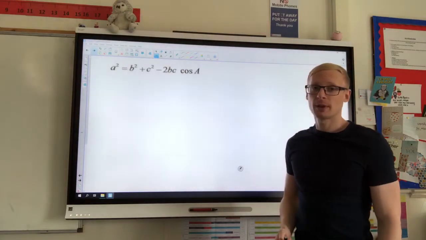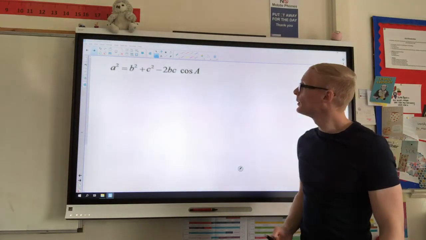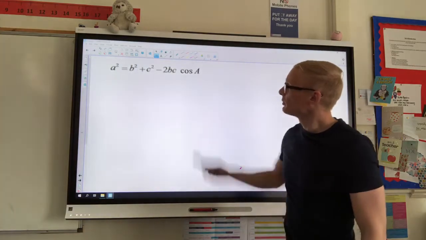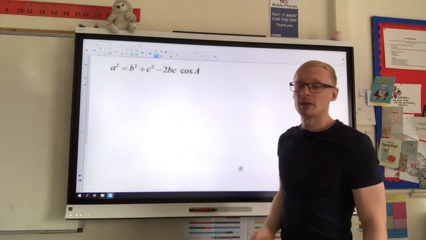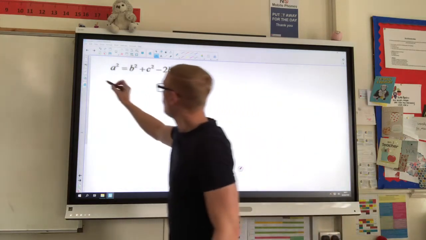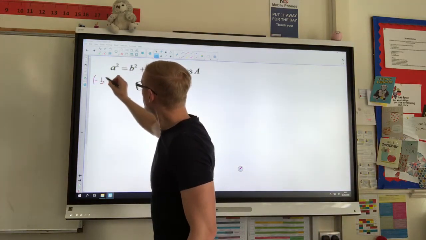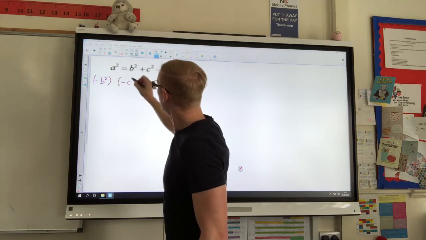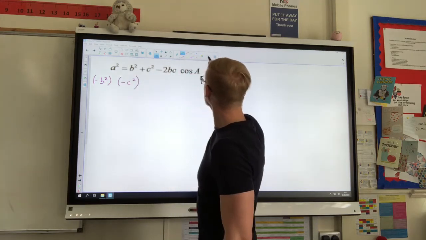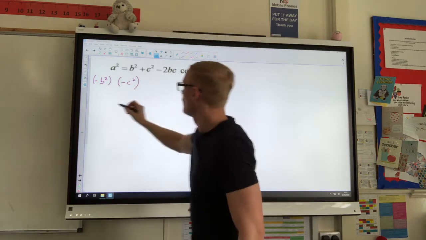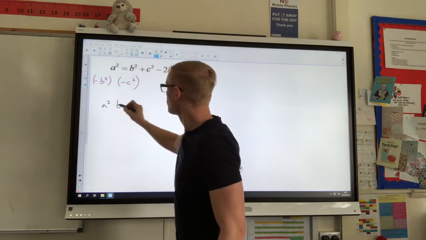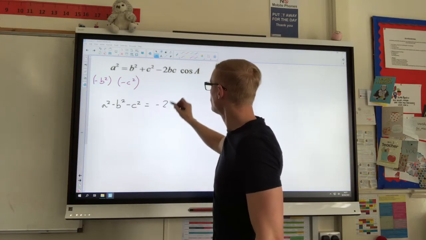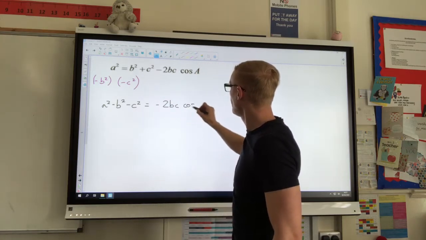First, I'm looking to subtract b squared and c squared from both sides of this equation. That gets me a squared minus b squared minus c squared equals negative 2bc cos A.